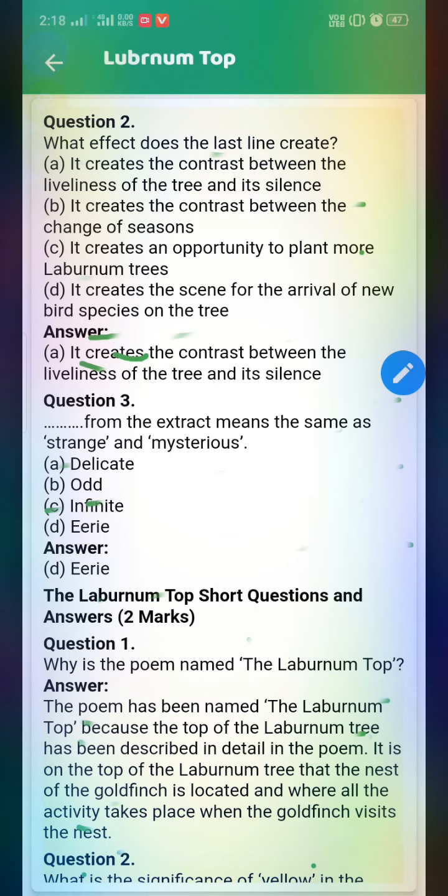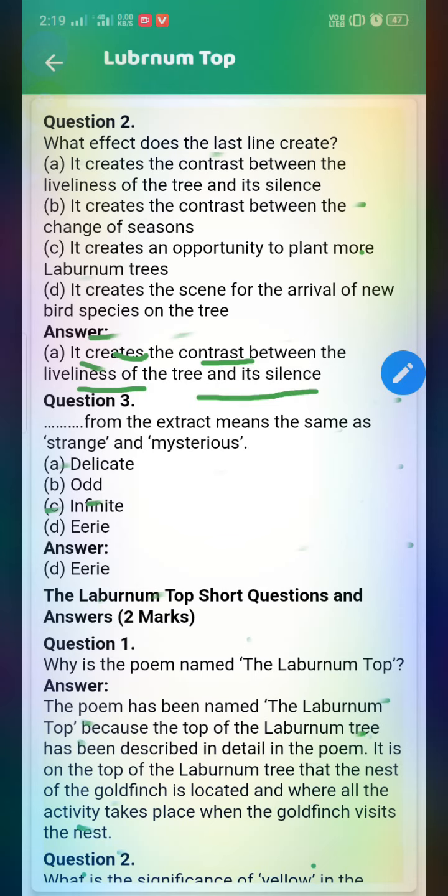I am not reading out all the options because it is clear to see on the screen. Only I am telling about the answer. It creates the contrast between the liveliness of the tree and its silence. The last line creates contrast between liveliness and silence of the tree.